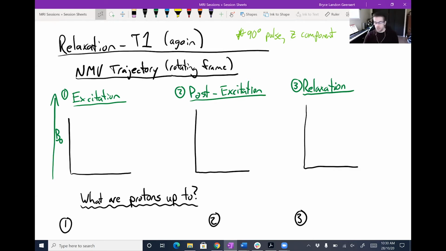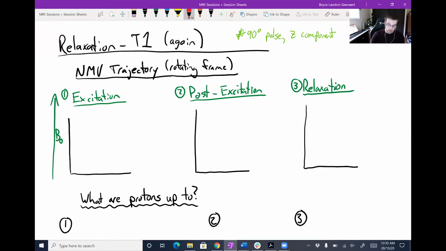All right, so just briefly refreshing what I talked about at the end of last session. When we are tipping our net magnetization vector, I've got a couple of stages here to help us visualize what I'm talking about.